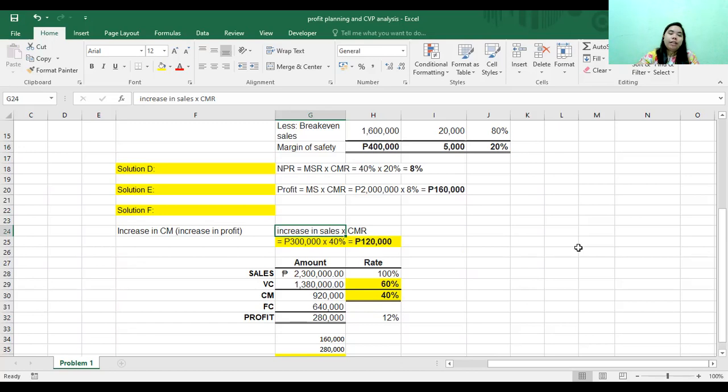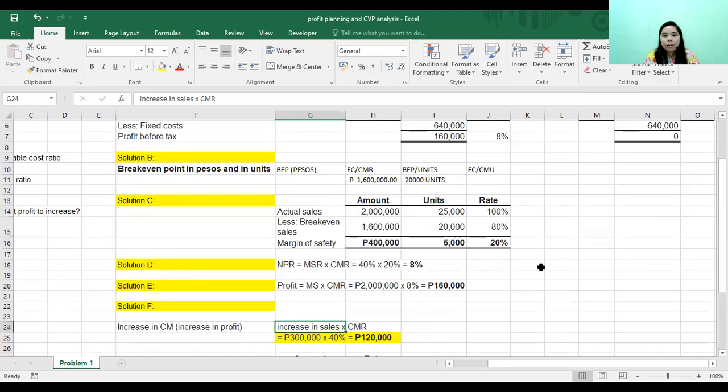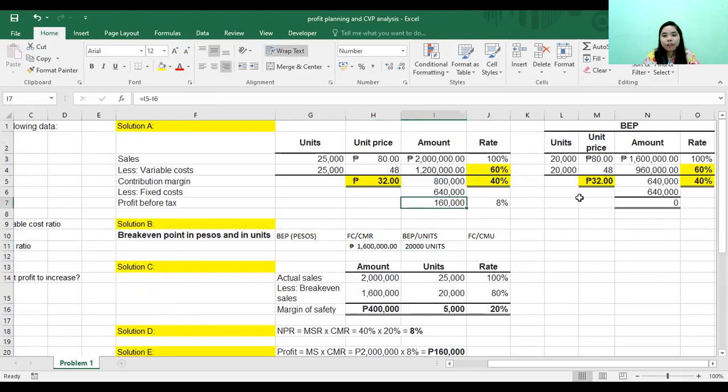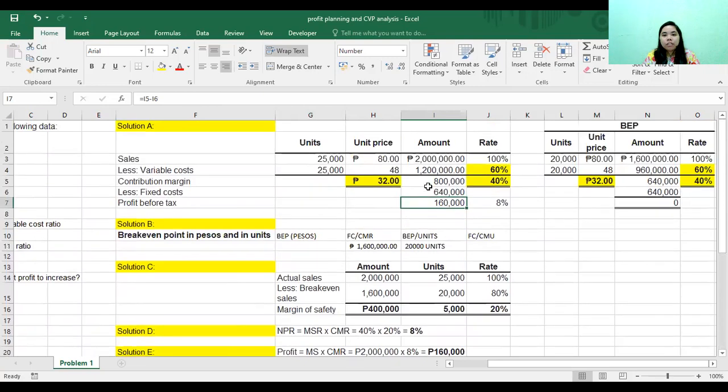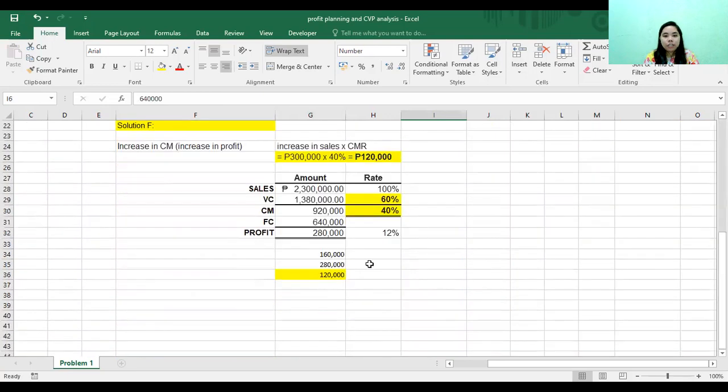Therefore, fixed cost is out of the picture, because it is already used up in your initial sales, where you have your profit of 160. So, basically, if you increase your sales more, your profit will just keep increasing, because the fixed cost is constant.